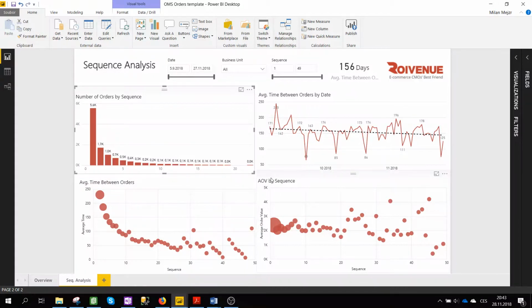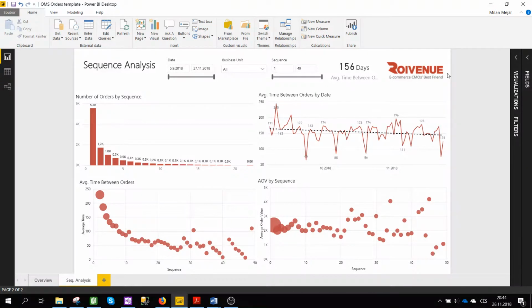Okay, let's take the third one, which is average time between orders. Basically, this calculates time between orders in a set period of time. This diagram is most useful if you take a look at the trend. You see that the trend, which is the dark line, is getting lower over time, which is a good sign.